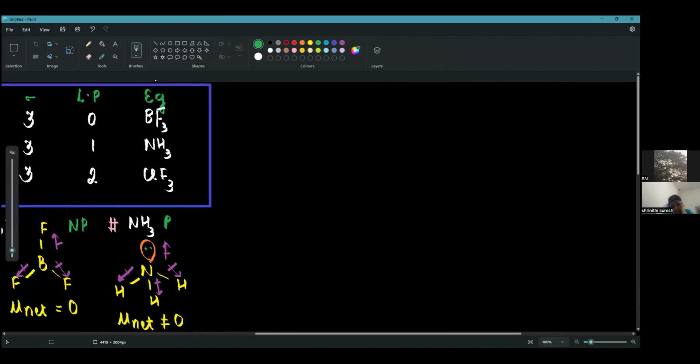Now the next table that we had done was the 4 wala. So we can write it down: sigma, lone pair, and then the examples.